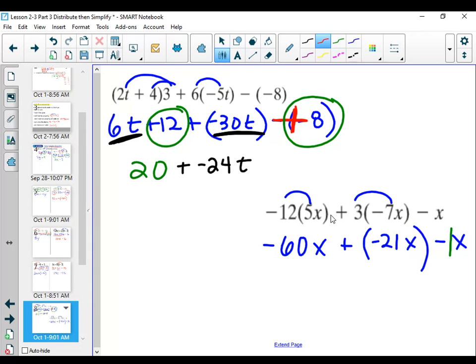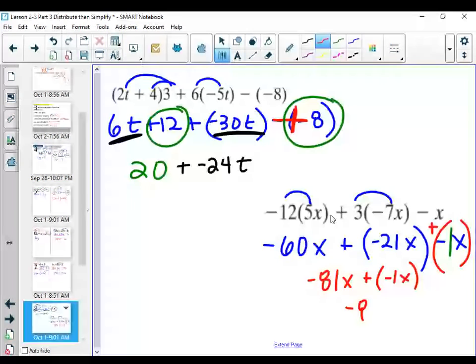Oh, wait, that's a negative 1. All of them are negative, so they're going to join forces. 60 negatives and 21 negatives make 81 negatives. Plus 1 more negative. 82 negatives.